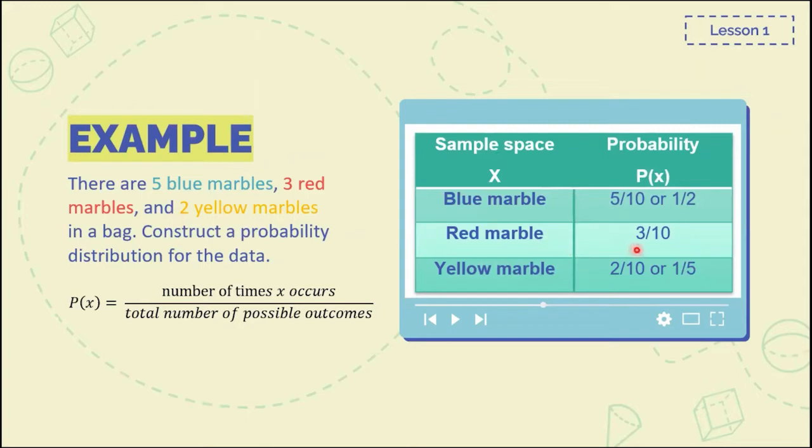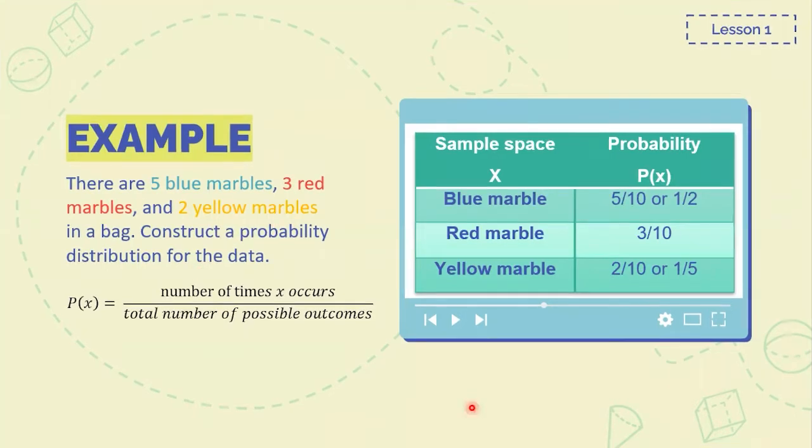Thus, for the red marble, we have a probability of 3 over 10, since there are 3 red marbles out of 10. The same goes with the yellow marble. We have 2 over 10 or 1/5 in lowest term, since there are 2 yellow marbles out of 10. I hope everything is clear.